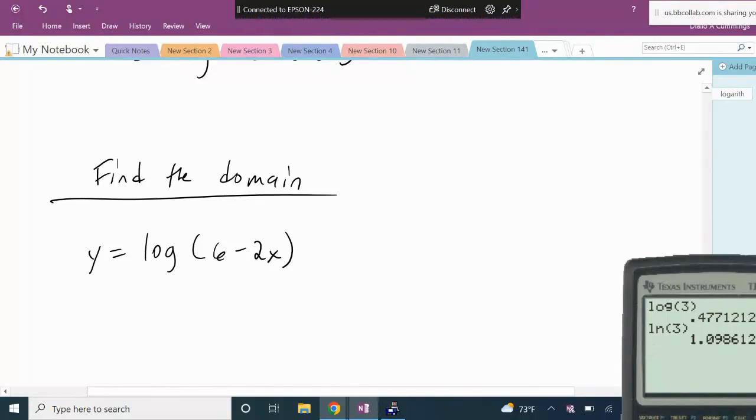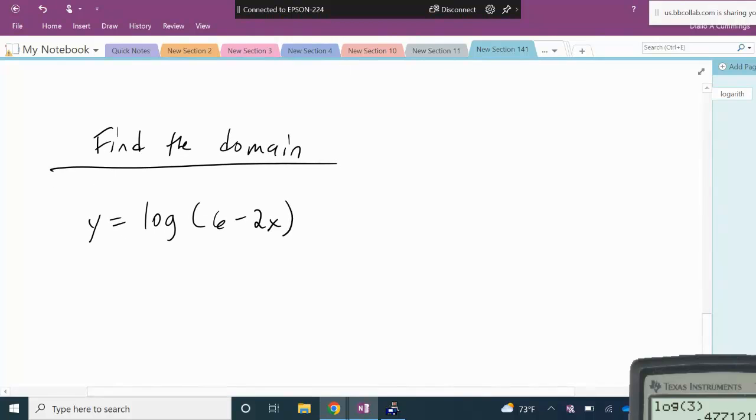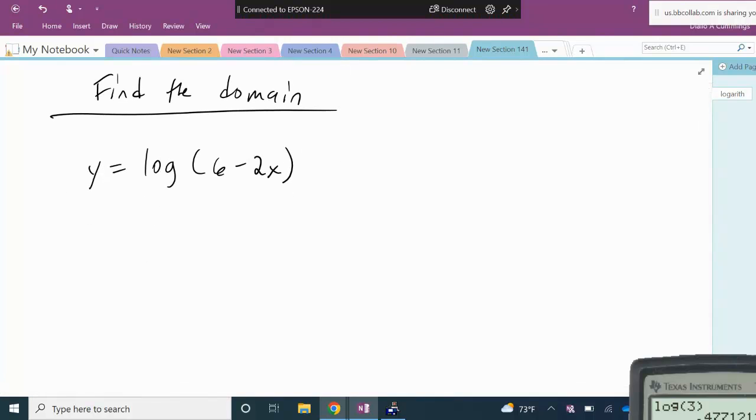So notice that there is no base written, so this is an understood common log. Now, in order to find the domain for any logarithmic function, you should take the argument. So in this case, the argument is 6 minus 2x. And we're going to set that to greater than 0.